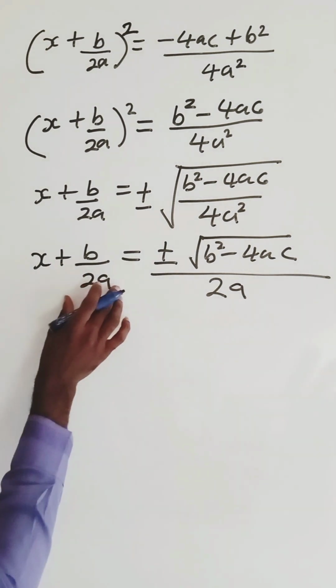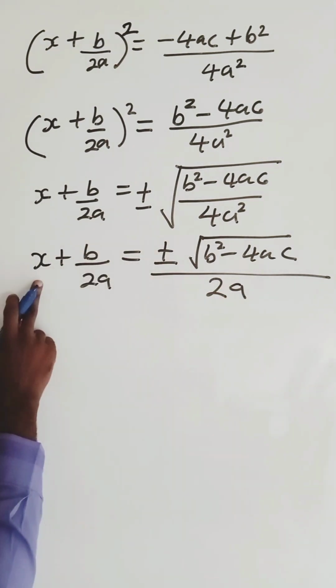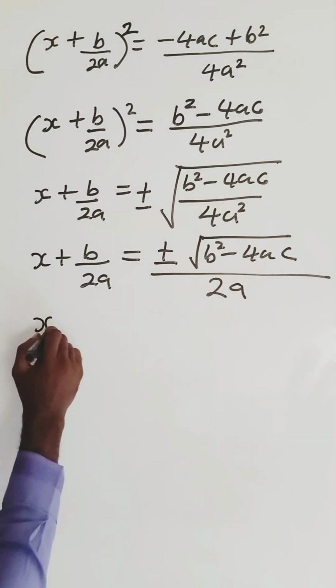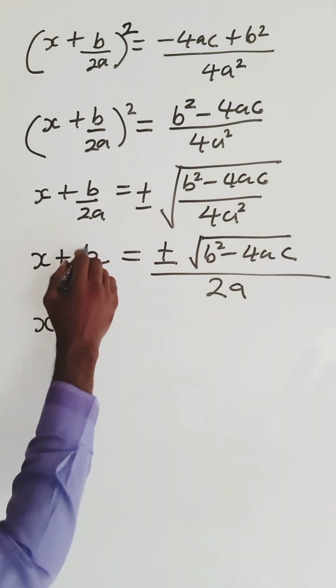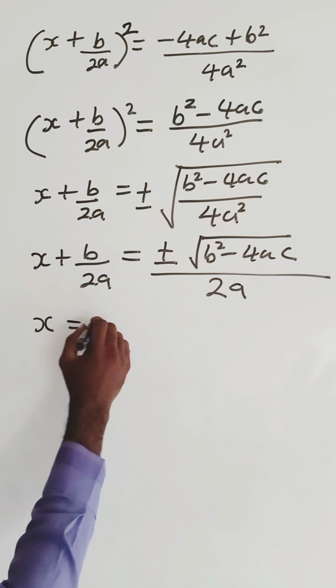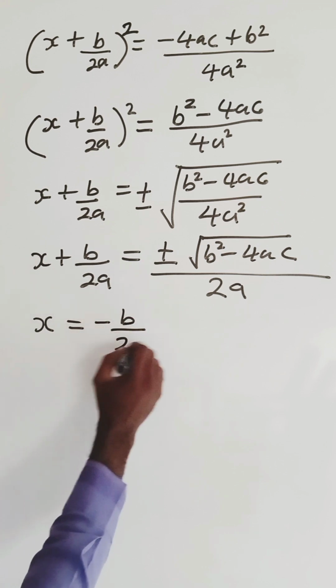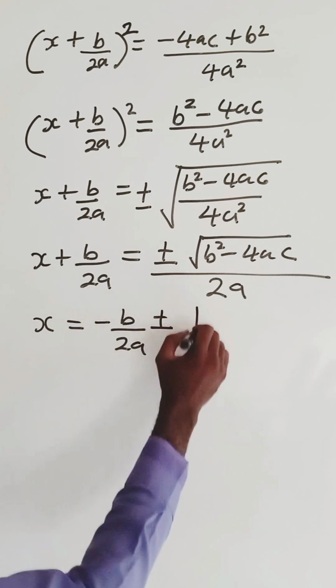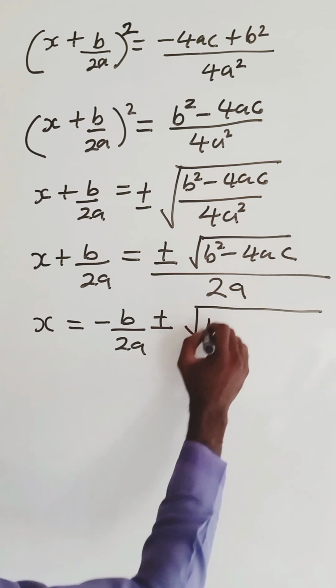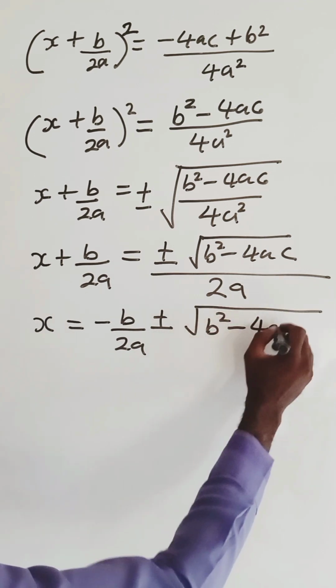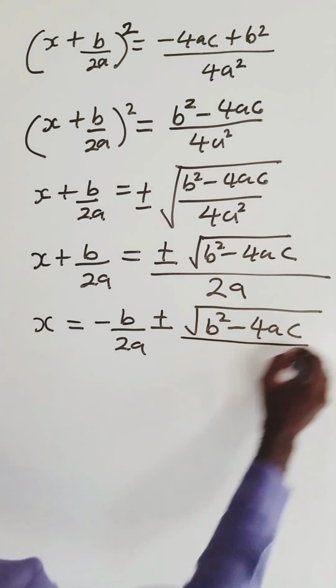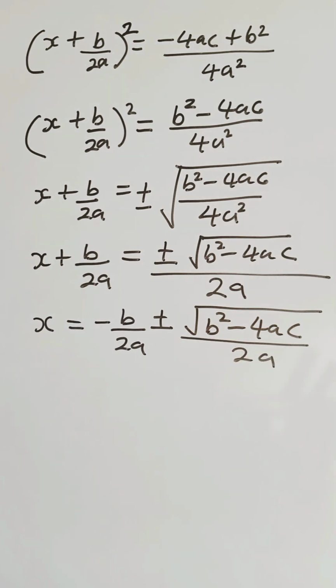Now, we move this expression to the other side because we are looking for the value of x. X will now be equal to plus b all over 2a will come to this side and become minus b all over 2a, plus and minus the square root of b squared minus 4ac all over 2a.